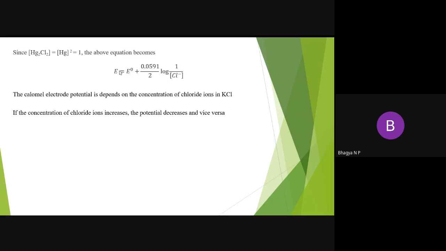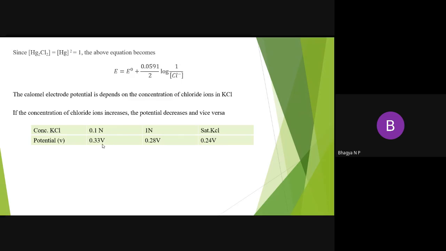If we consider the general calomel electrode potential, generally we use saturated KCl solution. The potential given by that is 0.24 volt. Instead of saturated KCl, if we use 0.1 normal KCl, then the potential is 0.33 volt.